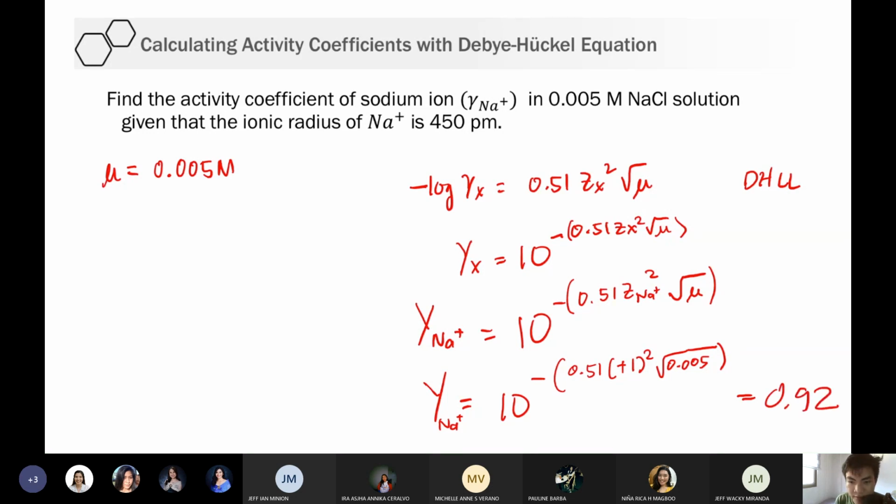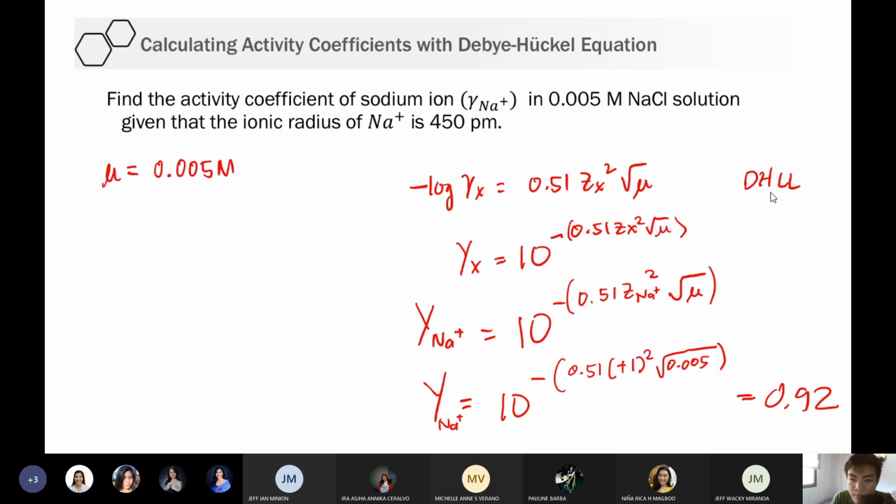It's slightly deviated from unity. So it will have a small effect on the equilibrium constant. You can do this derivation mentally, especially if you're used to deriving equations na para mabilis.